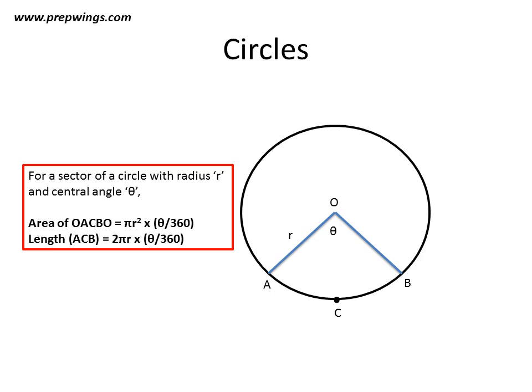Pi r square is the area of the entire circle, but the area of sector with angle theta is given as pi r square into theta by 360. The length of arc ACB is given by 2 pi r into theta by 360 similarly. So circumference is 2 pi r, but the length of arc ACB is 2 pi r into theta by 360.